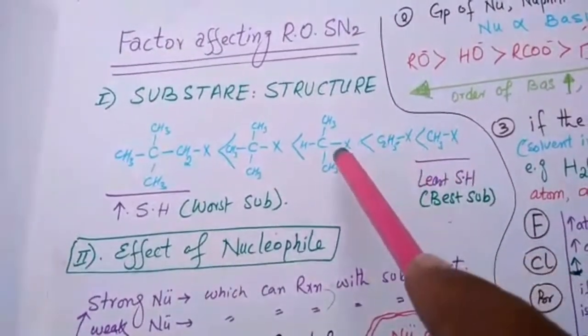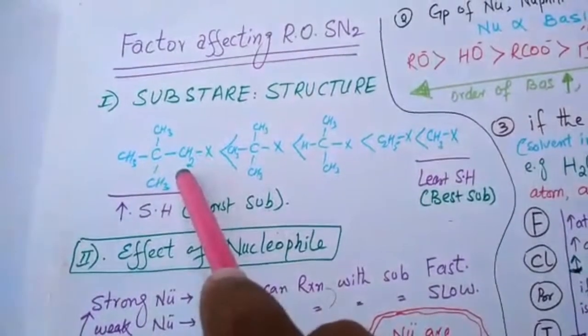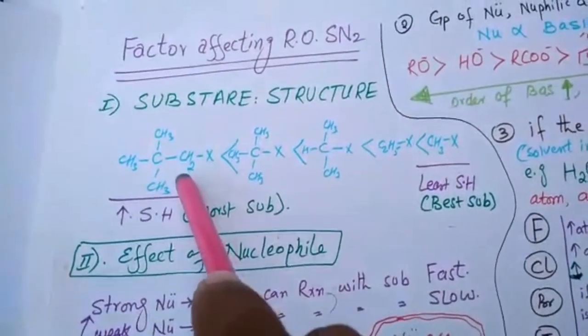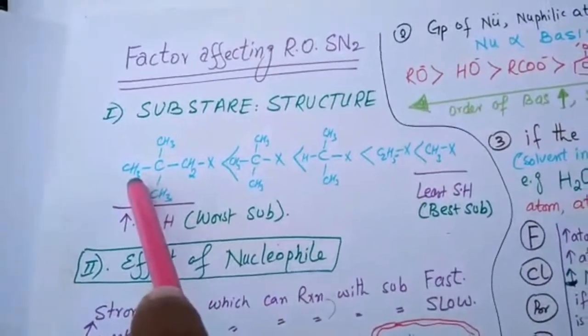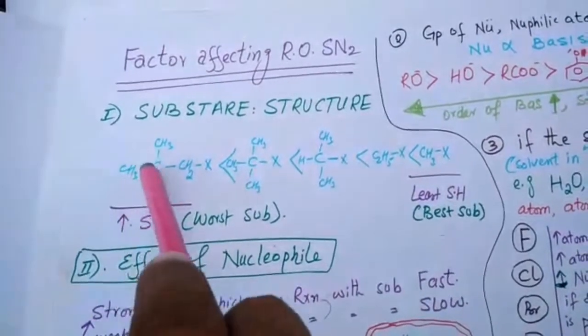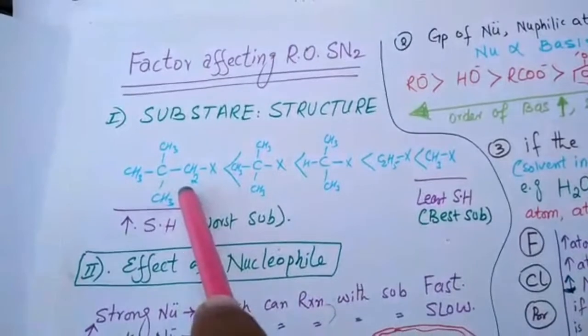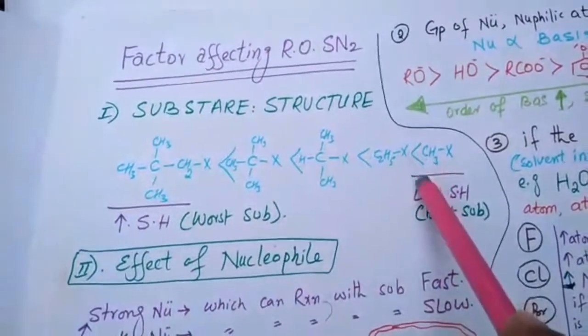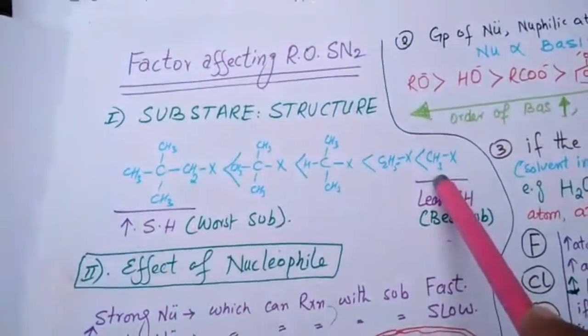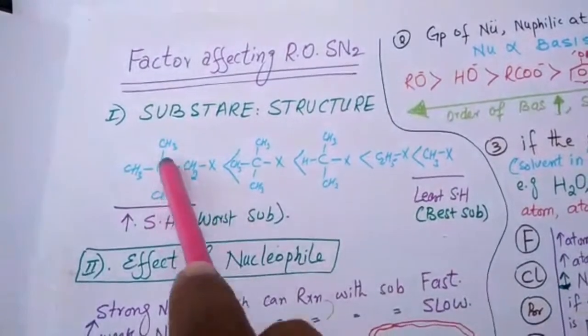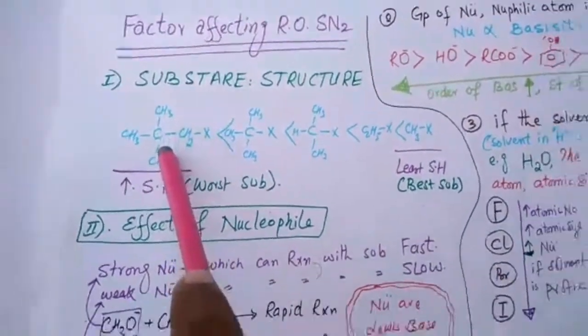But in the case of this one, the attack of the nucleophile from the backside faces more resistance due to steric hindrance. So this is the best substrate, and this is the worst substrate. This is very simple.